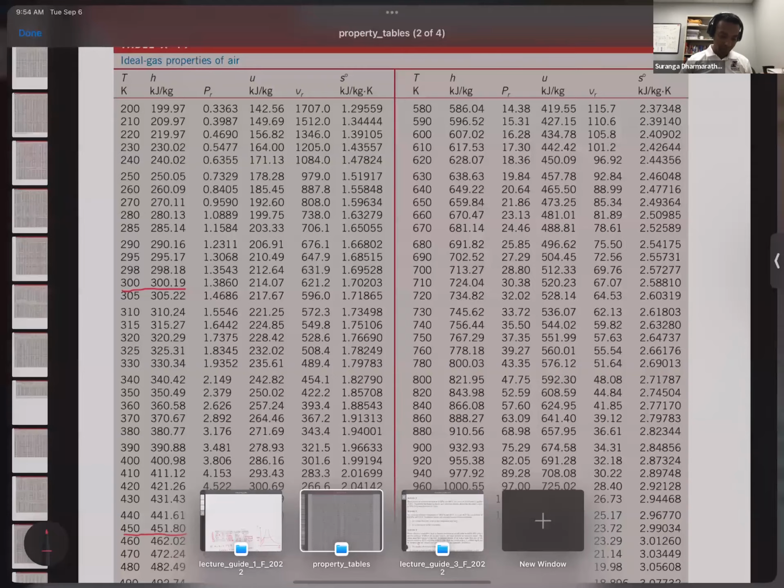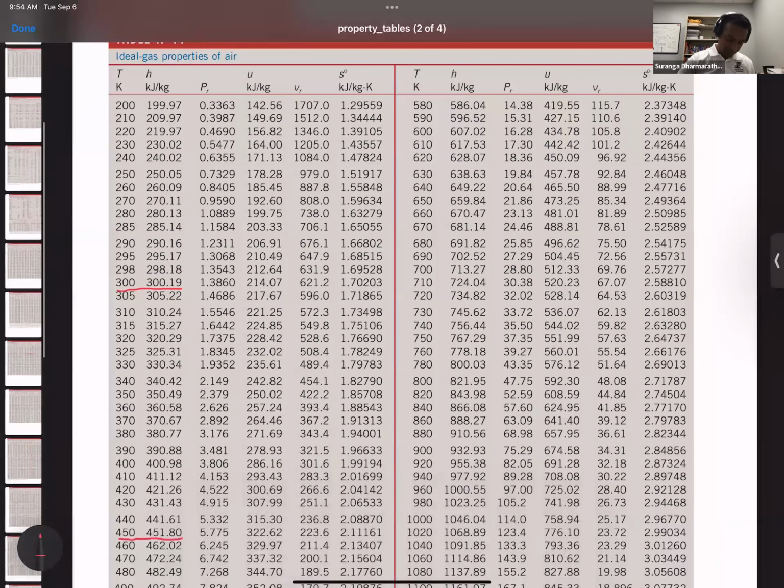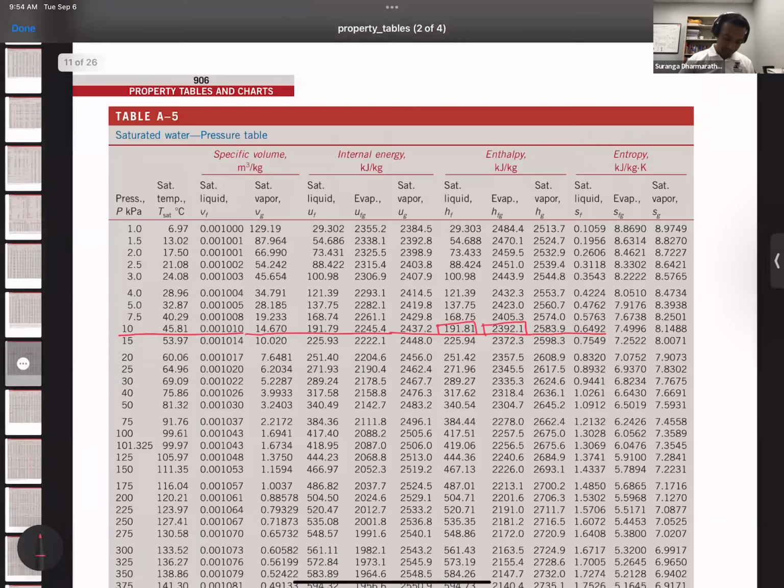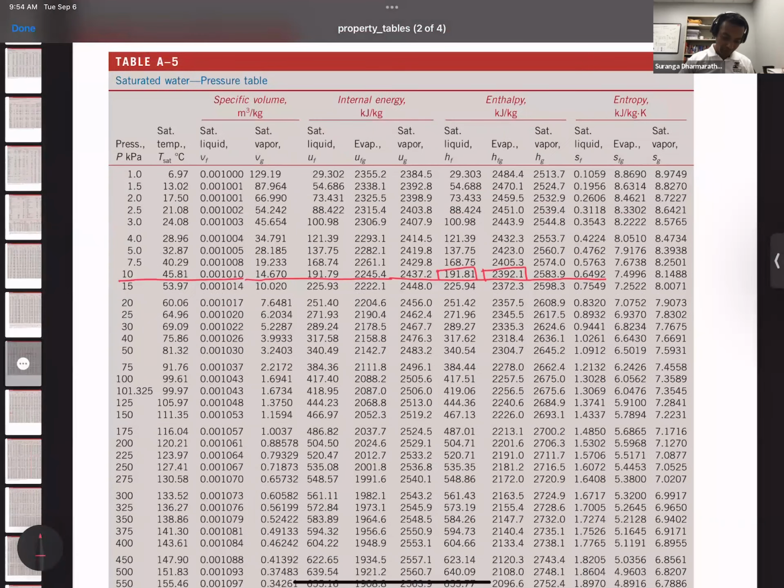Let's go to the pressure table, 75 kilopascal here, and I'm going to look at what is the Hg value. So Hg at 75 is this. This is Hg 2662, and the given value is in between 384 and 2662, so it's in the saturated mixture region.